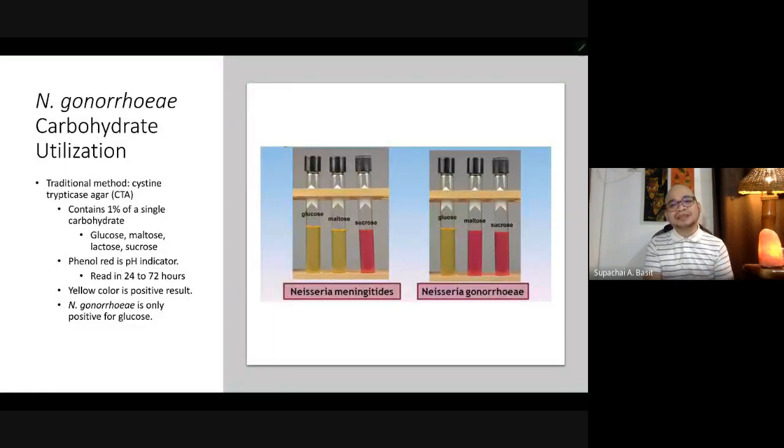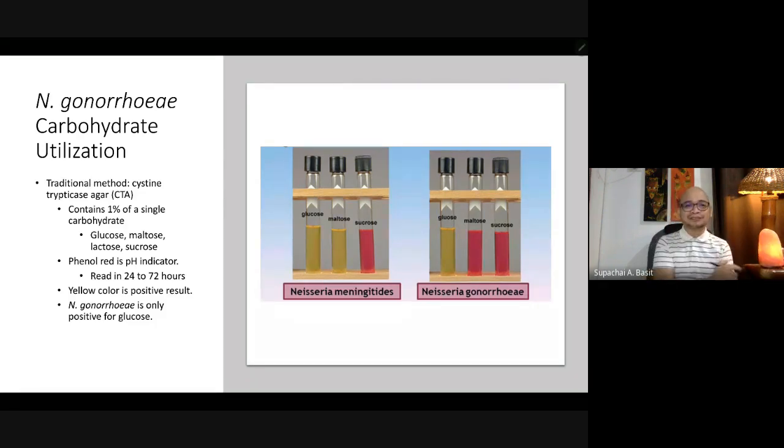So let's talk about the conventional, or cheaper, method for identifying Neisseria gonorrhoeae. The traditional method is known as the CTA, the cysteine trypticase agar, and it contains a single carbohydrate. We can test for four sugars: glucose, maltose, lactose, and sucrose.